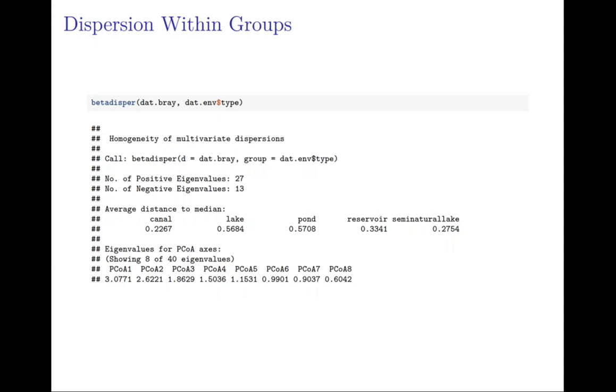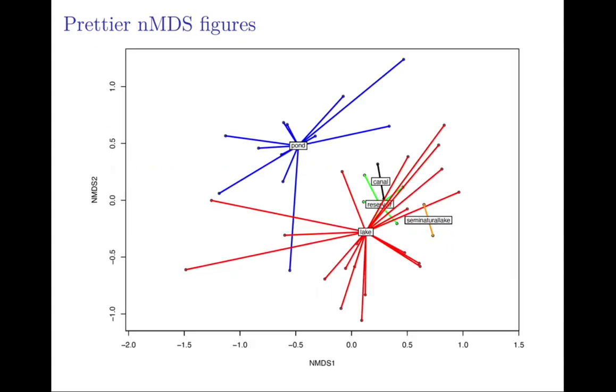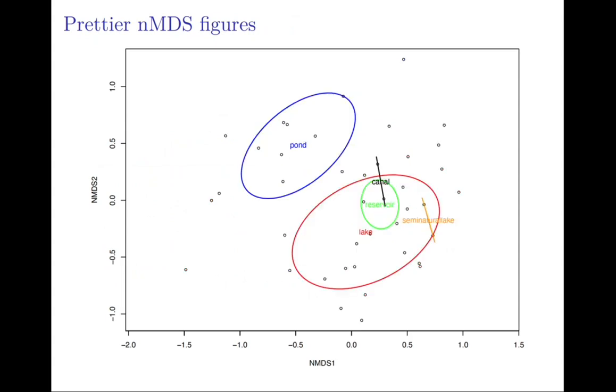One way to think about beta diversity or turnover among plots is to think about how large the circles are. So in this figure, both pond and lake have very large dispersion, right?